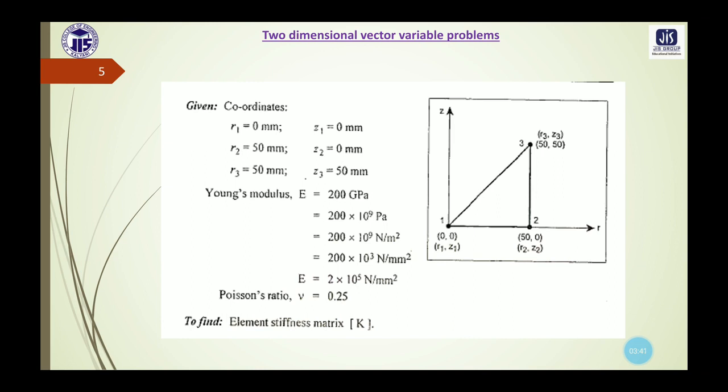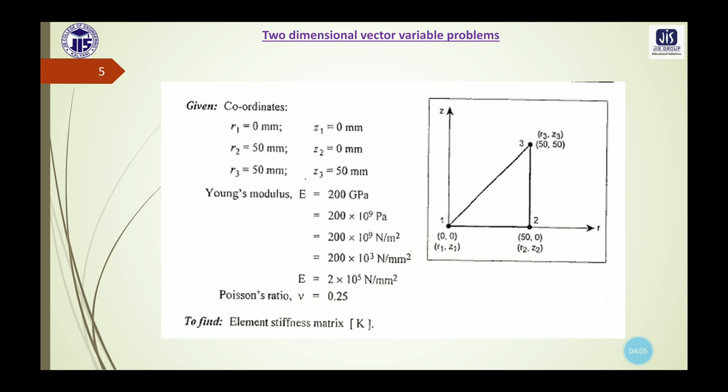Corresponding to node 2, where the coordinate is 50 0, R2 is 50 and Z2 is 0. And corresponding to node 3, where the coordinate is 50 50, R3 is 50 and Z3 is also 50 millimeter.